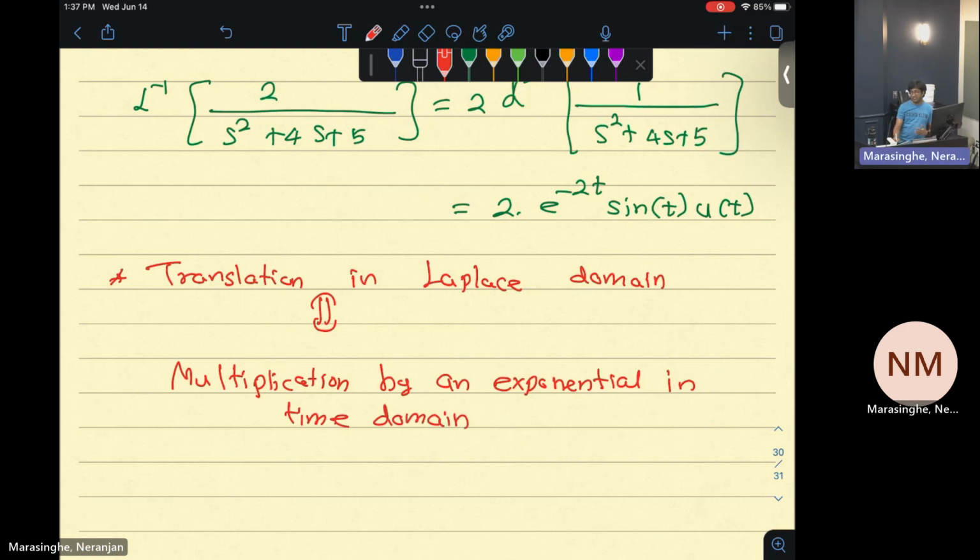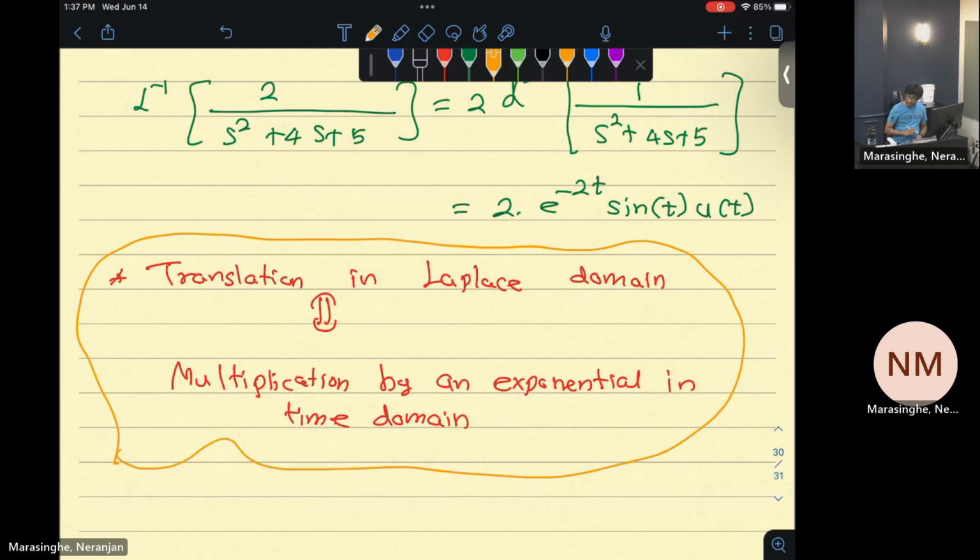This is what the first translation theorem says. It's the main idea behind the first translation theorem. Translation in the Laplace domain results in multiplication by an exponential in the time domain and vice versa. That means multiplication by an exponential in the time domain results in translation in the Laplace domain.